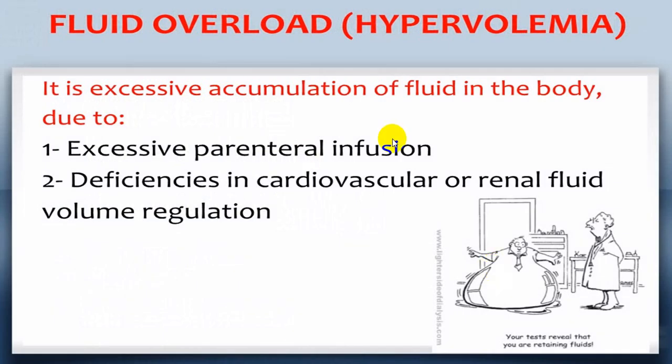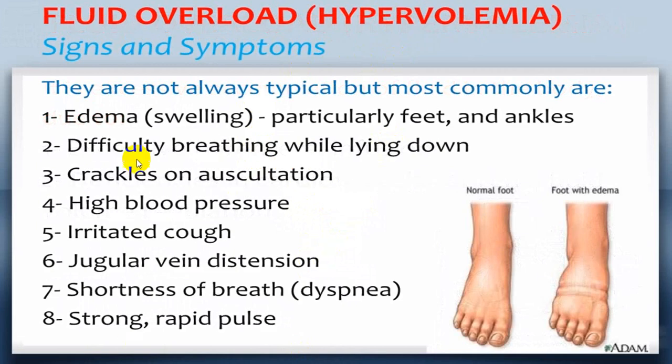Always look for fluid volume overload while you are giving IV fluids, particularly in a person with CKD and congestive heart failure. Also in a person with portal hypertension. And don't forget dengue. Overload signs are edema, difficulty in breathing, crackles, hypertension.